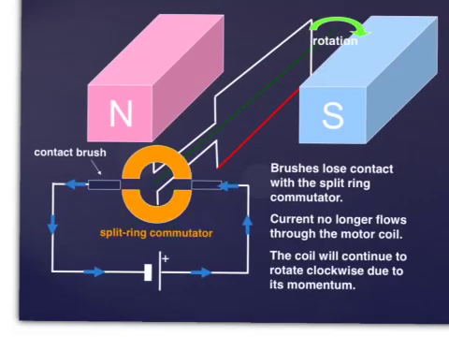The motor coil has now turned through 3/4 of a revolution, and once again is in a vertical position. Therefore there's no contact between the contact brushes and the split ring commutator. So current no longer flows through the motor coil, but the coil will continue to rotate clockwise due to its momentum.